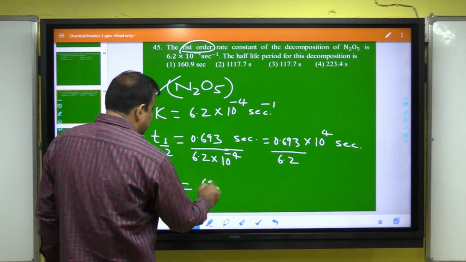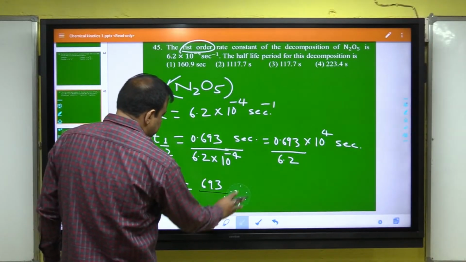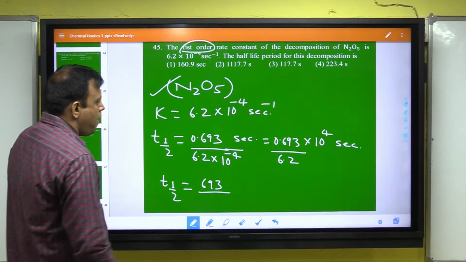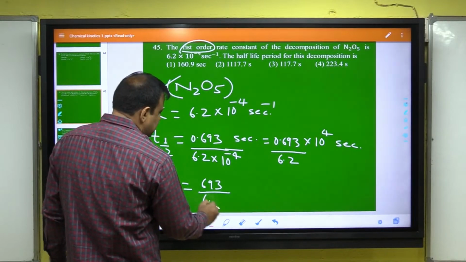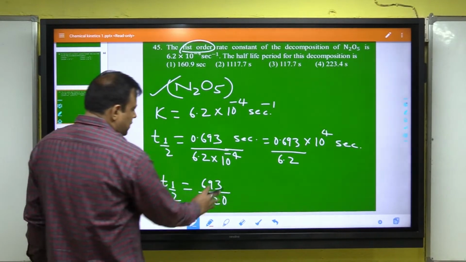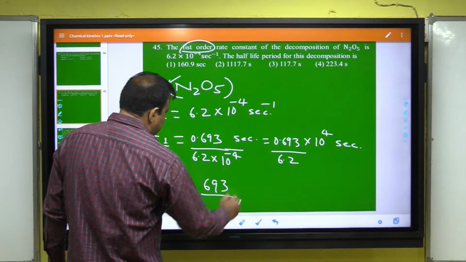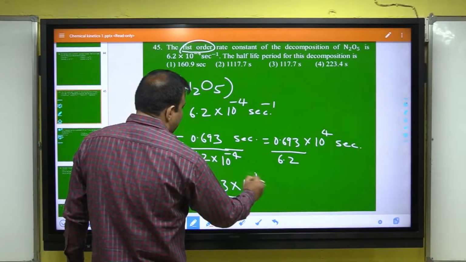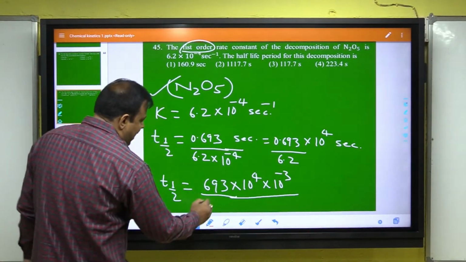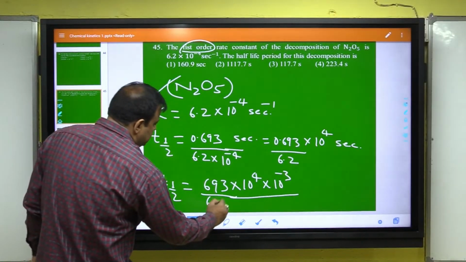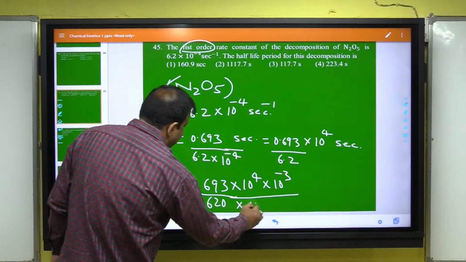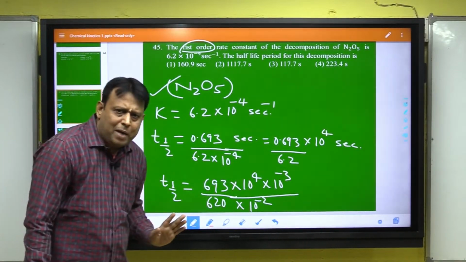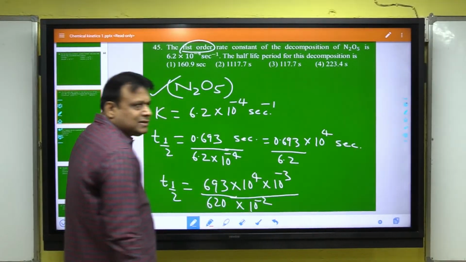Can I write 693 divided by 620? Yes. Again, 693 into 10 to the power 4, 10 to the power minus 3, divided by 6.2 into 10 to the power minus 2? Yes or no? Plus 4 minus 3, 10.